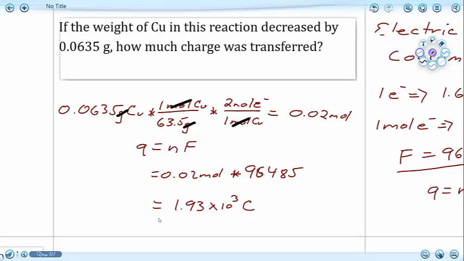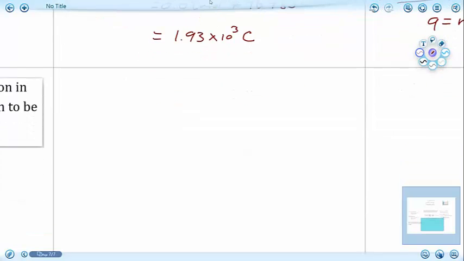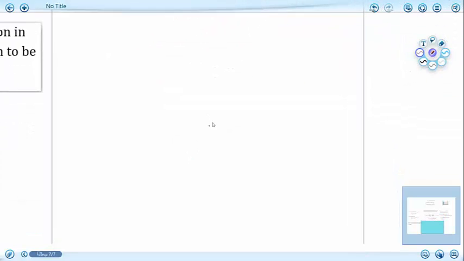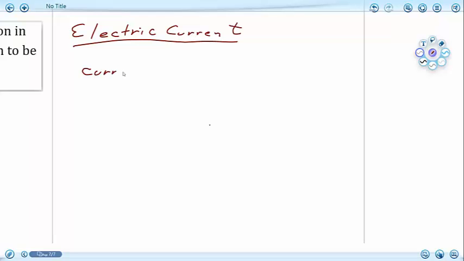The next concept that's important that we want to discuss today is electric current. Current is simply the charge that flows per unit time.